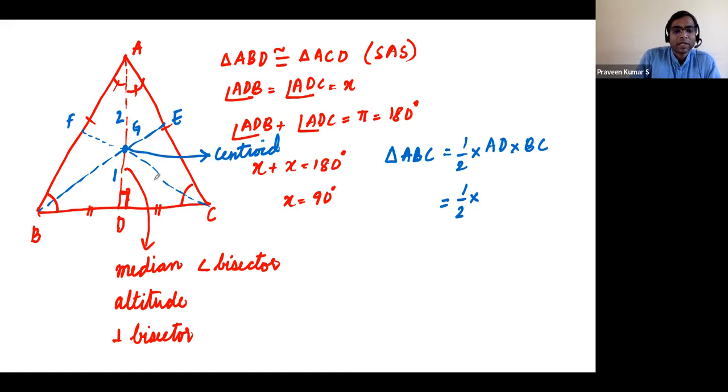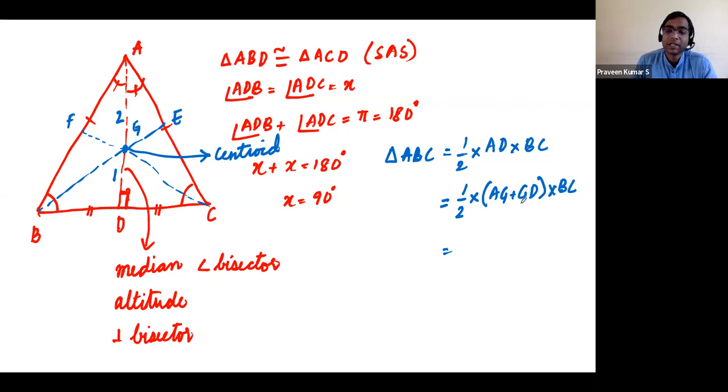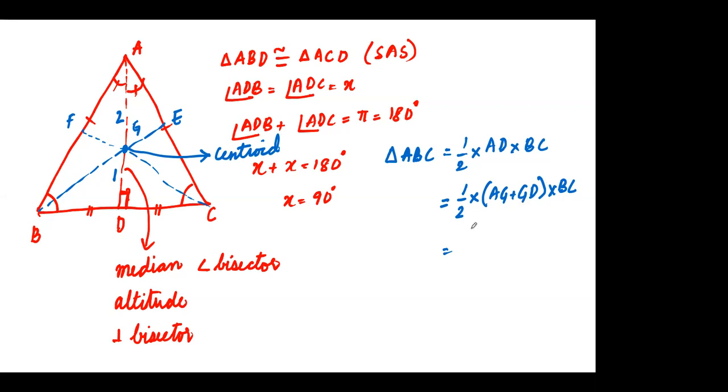AD is nothing but AG plus GD, into BC. And what is AG? 2AD. Not 2AD, 2GD. 2GD, right?